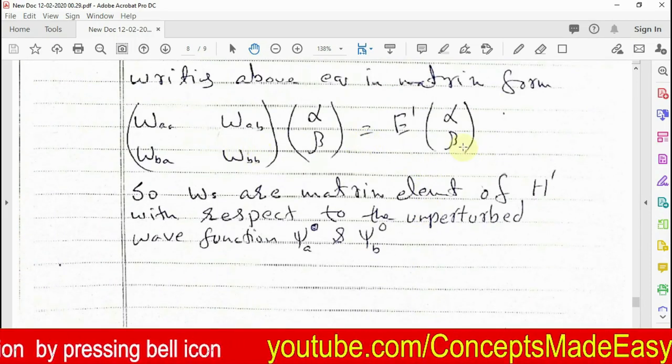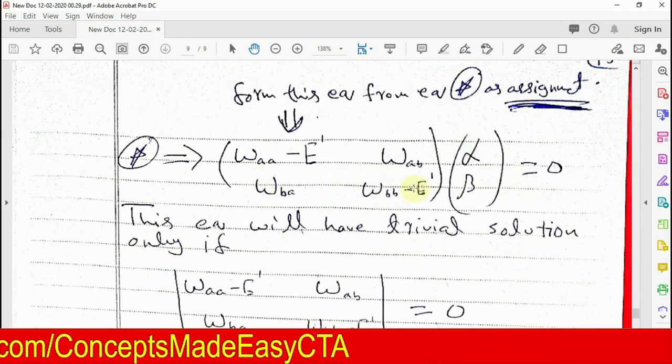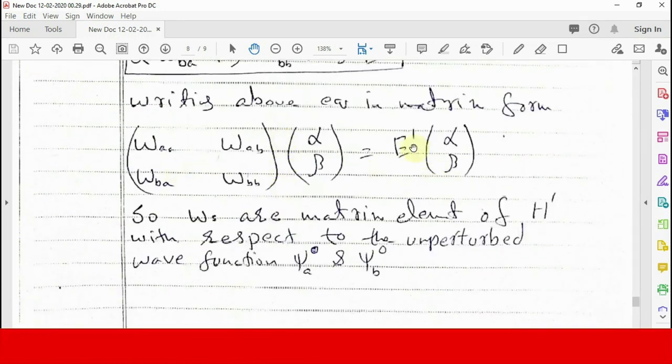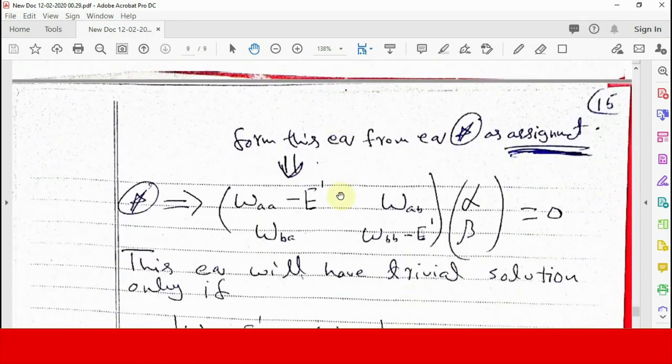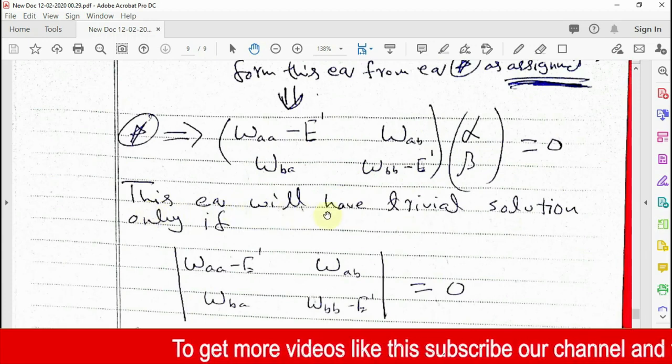From this equation we have actually made this equation. How this is valid, or how this whole equation is equal to this equation, is your assignment. You will do that.